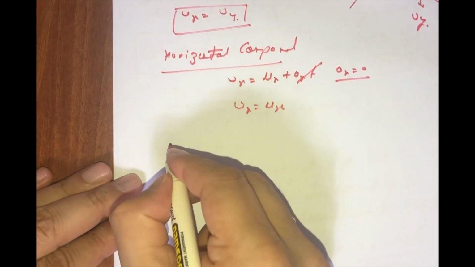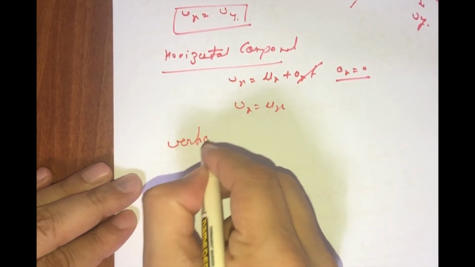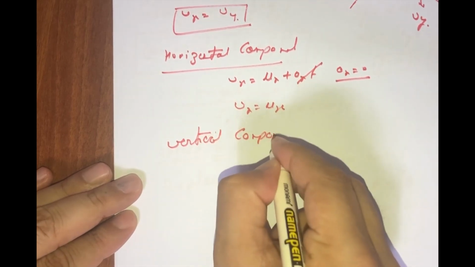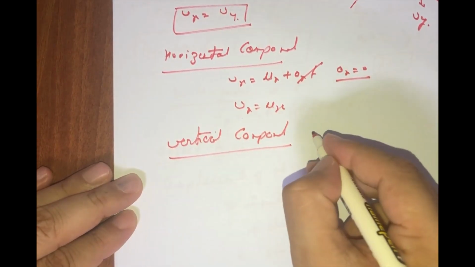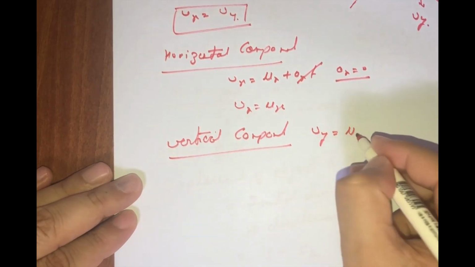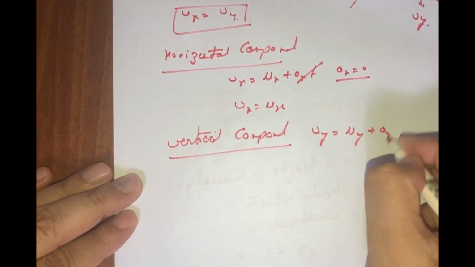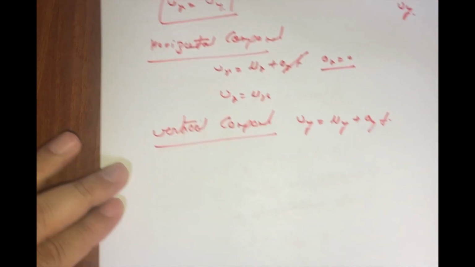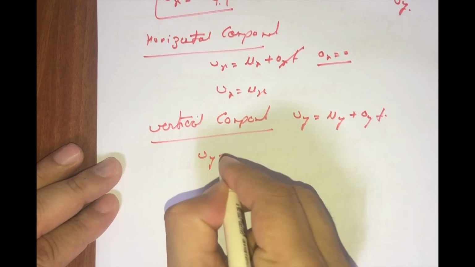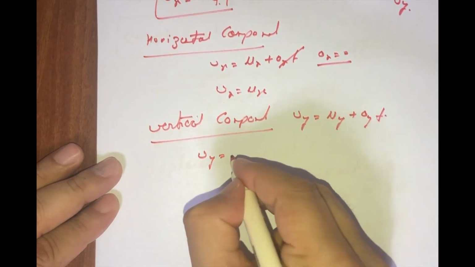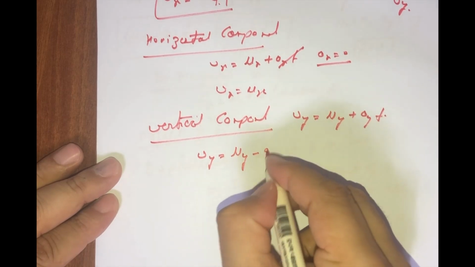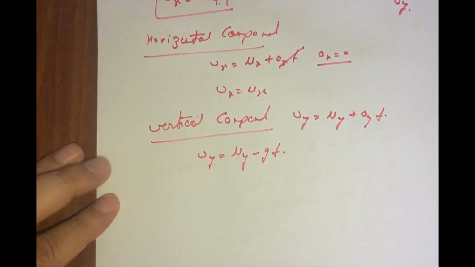Next we find out the vertical component. Vy is equal to Uy plus Ay t. So Vy is equal to Uy minus g t, since Ay is given as minus g.